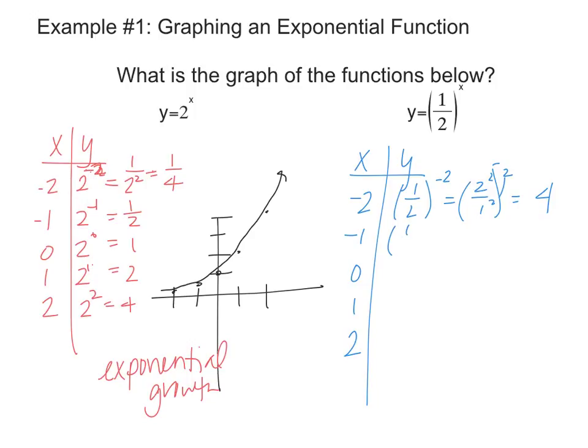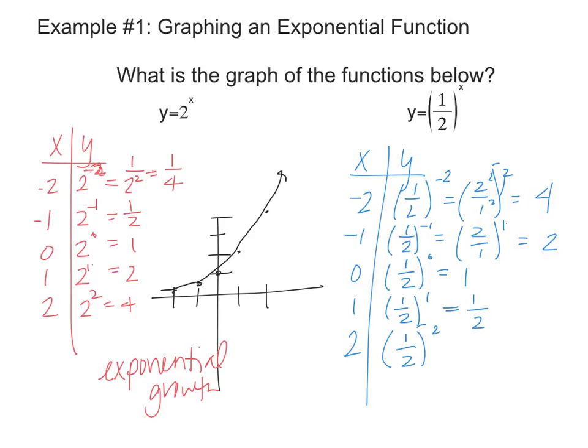Alright, the next one would be 1/2 to the -1. Again, flip it. That will become 2 over 1 to the positive 1st power, which is just going to give us 2. 1/2 to the 0, we know anything to 0 power is 1. 1/2 to the 1st power is 1/2. And last, 1/2 squared. Remember, we're going to distribute those powers to both the numerator and denominator, and that'll give us 1/4.